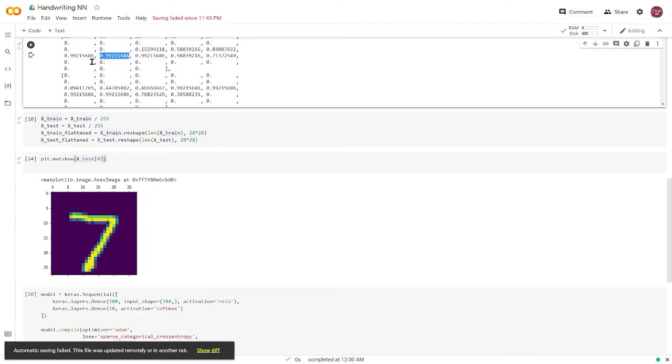But these are in percentages. So this is 0.992 of 256. This is 0.58 of 256. This is 0.980 of 256. So this is 98% as dark as it can get. This is 58% as dark as it could get. This is 89% as dark as it could get. So these numbers just represent color.